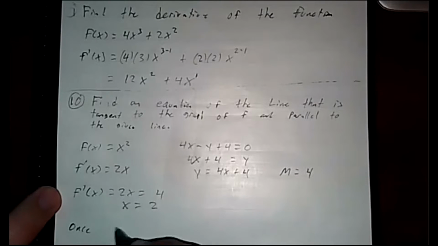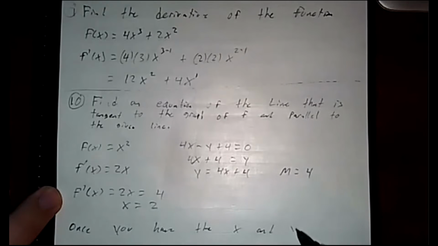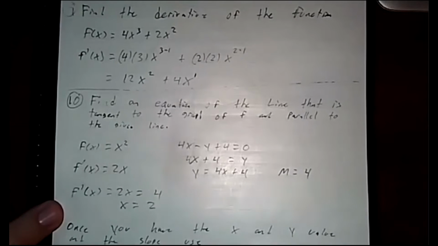So once you have the x and y value, and of course the slope, use this formula: y minus y1 equals m times x minus x1. Do you remember this?